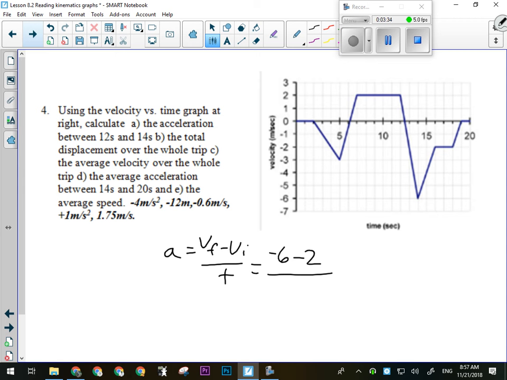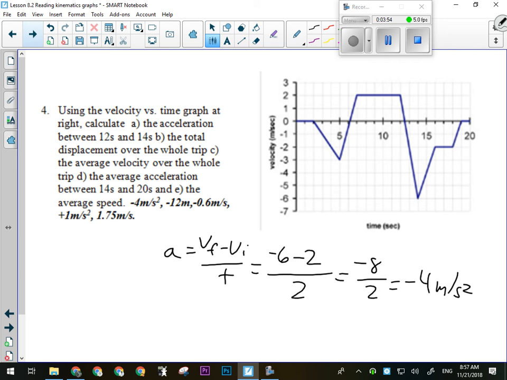And then we're dividing that by 2 seconds because that's how long there is between 12 and 14 seconds. So we have -8 over 2, which will be -4 meters per second squared, which is meters per second per second. Questions on A?